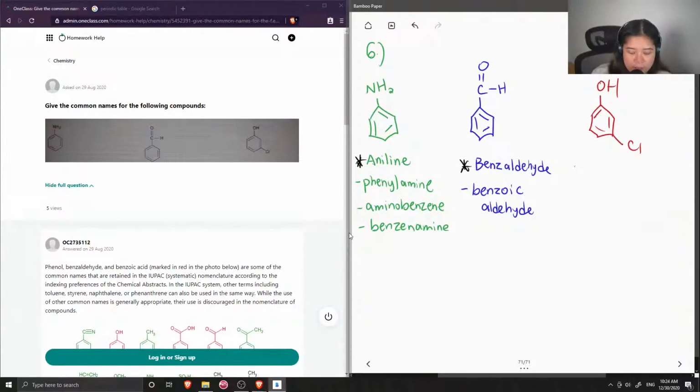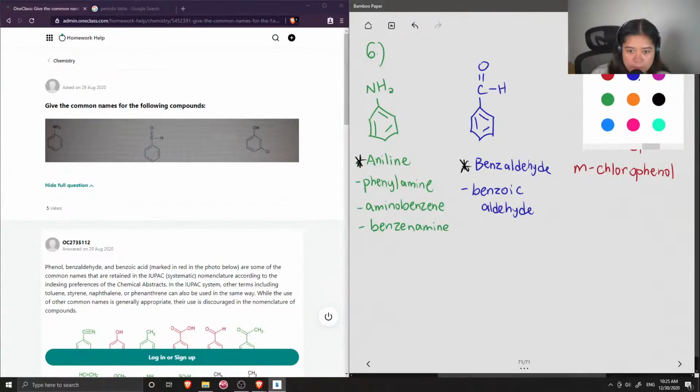So to show that it's meta, you put an M in front of the name. And its most common name is M-chlorophenol. So the chloro corresponds to the chlorine, and the ol corresponds to the alcohol.